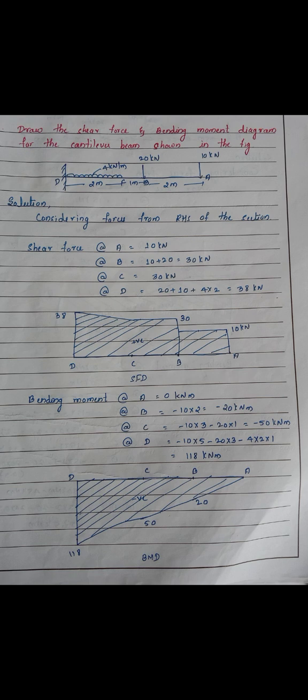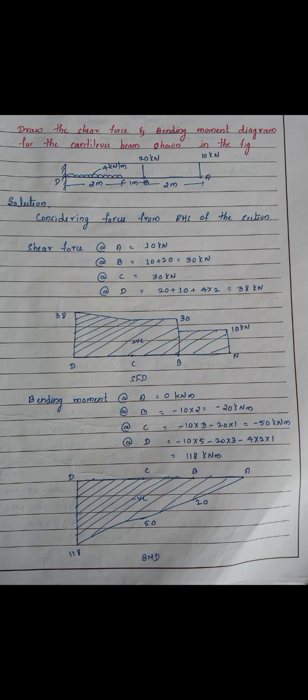For the UDL, first we need to convert it into a point load, that is 4 into 2. It will act at the CG, that means 1 meter from D and 1 meter from C, in the middle of the 2 meters, so the perpendicular distance will be 1. After calculating everything, we get the bending moment at D as 118 kilonewton meter, that is load into perpendicular distance. So the unit of bending moment is kilonewton meter.